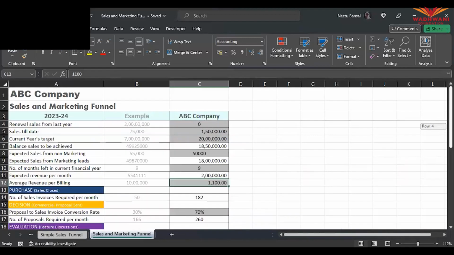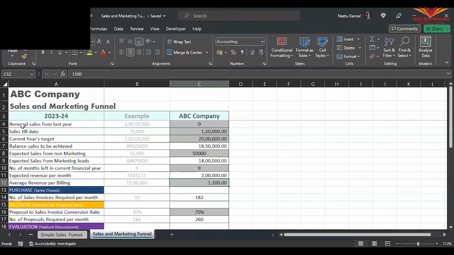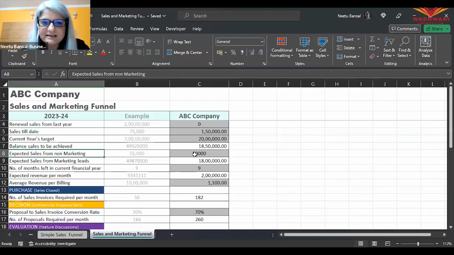Now let's just say that you decide that you will also keep track of an epic wise funnel, where epic wise, let's say it's a recurring revenue. It's a recurring invoice. That means every month they have to pay, as an example. That's where your expected sales from non-marketing will come in.